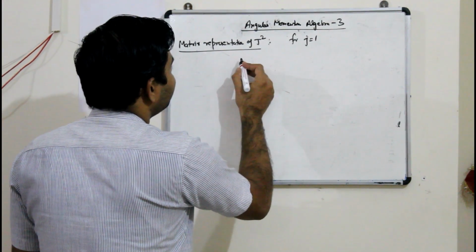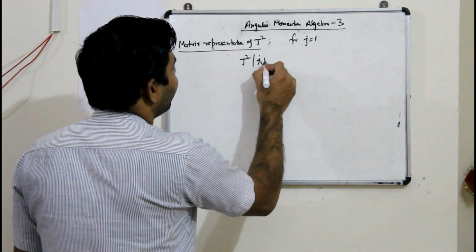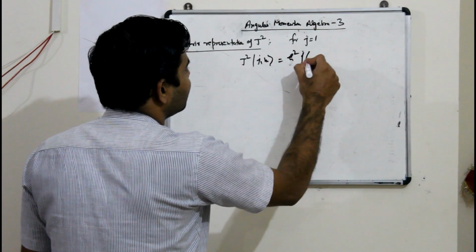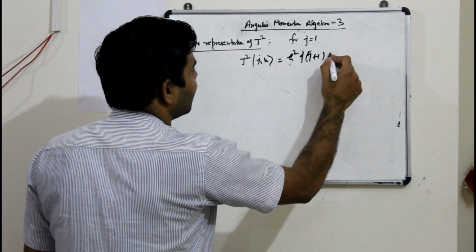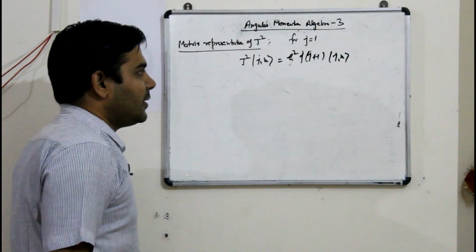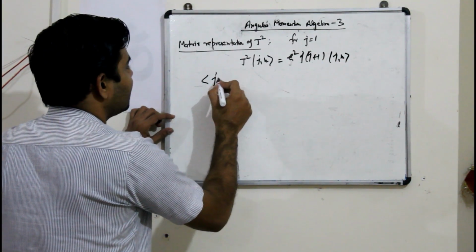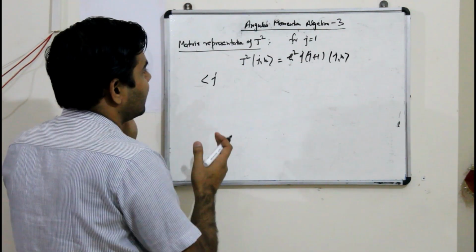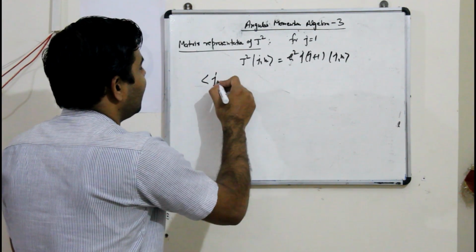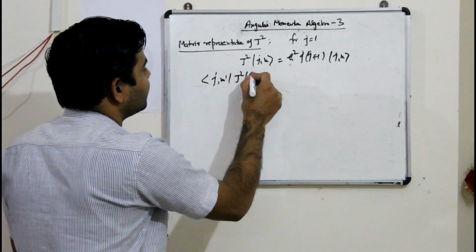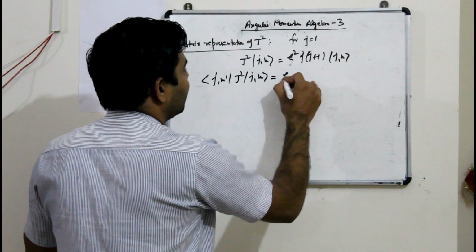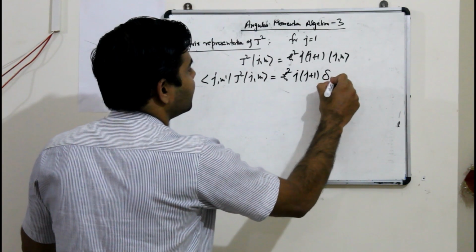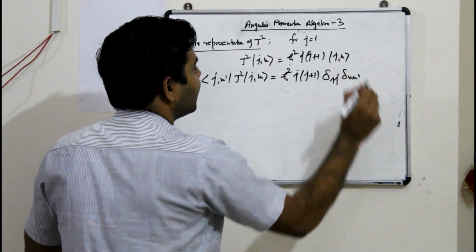The action of J square on |j, m> is nothing but ħ square j into j plus 1, |j, m>. Now, if I operate this equation by <j', m'| from the left, we get the following result: ħ square j into j plus 1 delta jj' delta mm', where delta is the Kronecker delta.